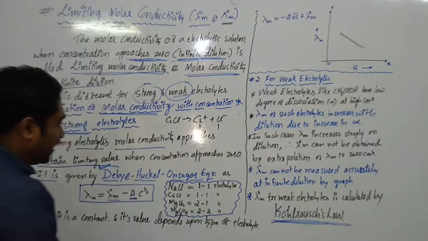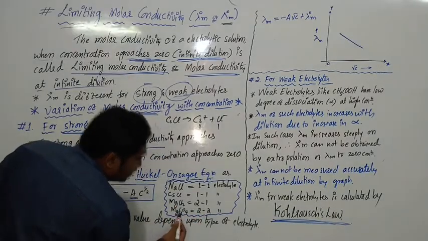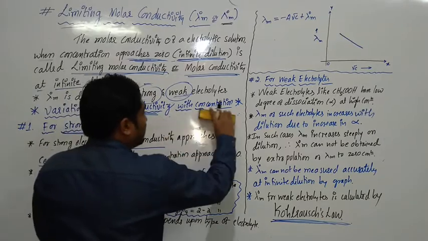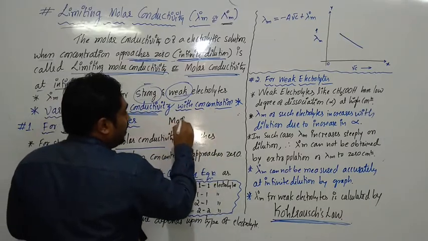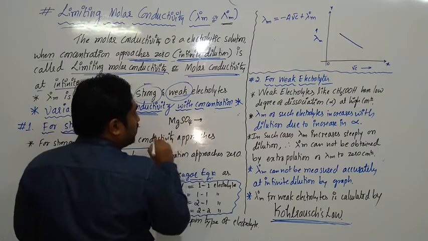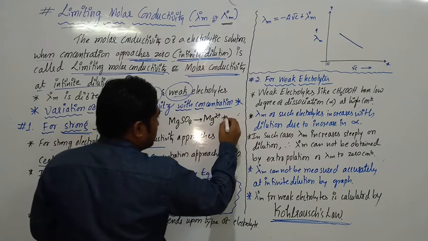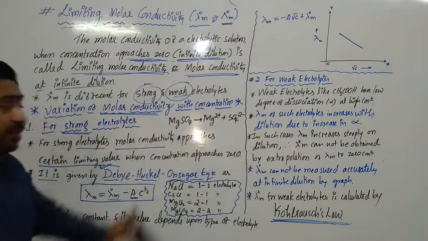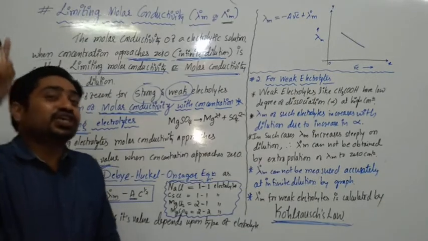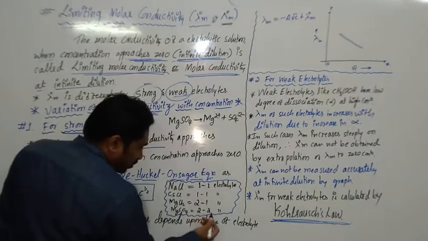MgCl2 is a 2,1 type electrolyte. MgSO4 on dissociation gives Mg2 plus and SO4 2 minus, so it is a 2,2 type electrolyte.